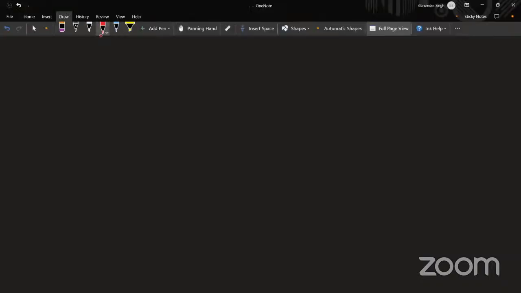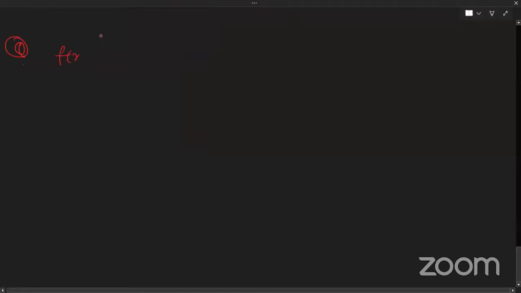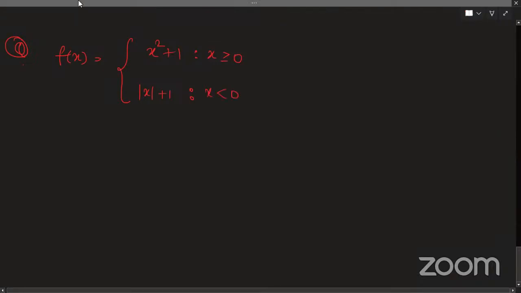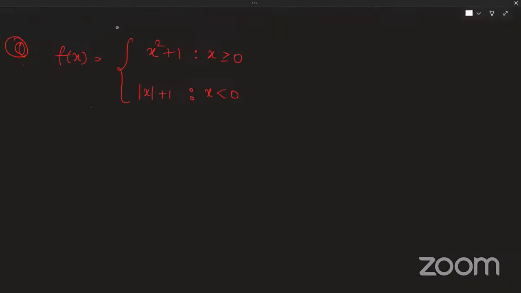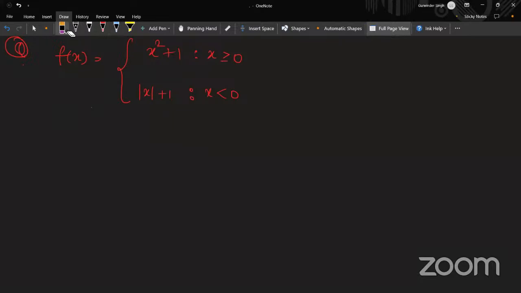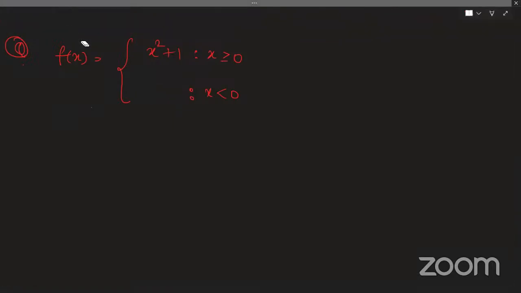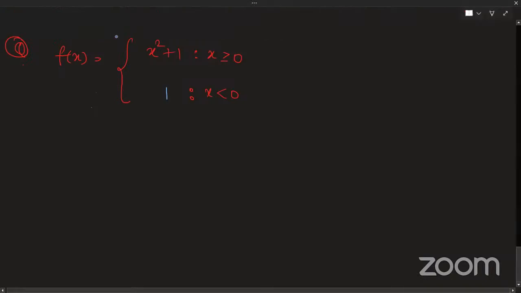Let us just check one more case. You have got f of x equal to x square plus 1 when x is greater than or equal to 0, and a constant value 1 when x is lesser than 0.